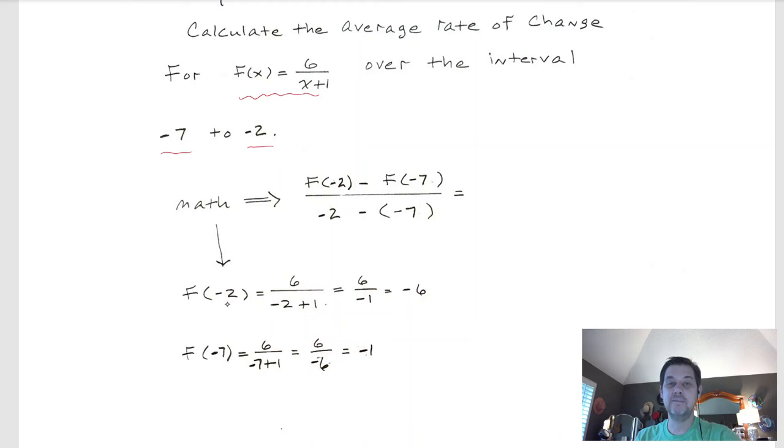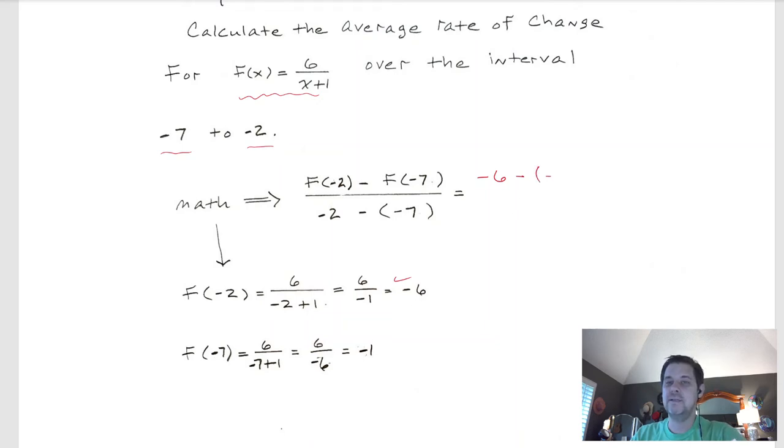So what's f of -2? You take this function and put -2 for x. Well, there it is, and here's what you get. Ultimately, we get -6, so I'm going to get -6 right there. Then I'm subtracting, you see that? And then I need to figure out what's f of -7. Well, I'll do that down here. I would put -7 into this formula, which would reduce to 6 divided by -6, and that's -1.